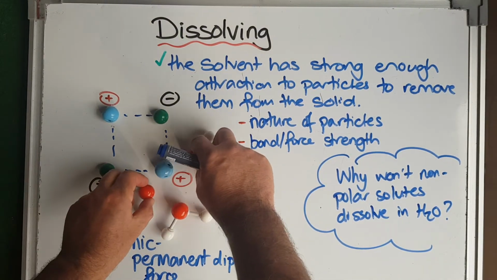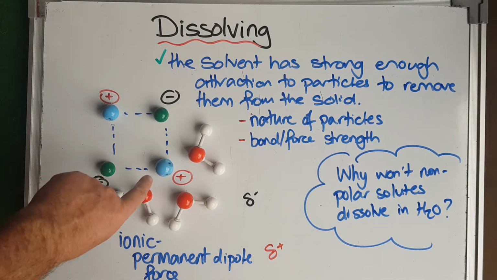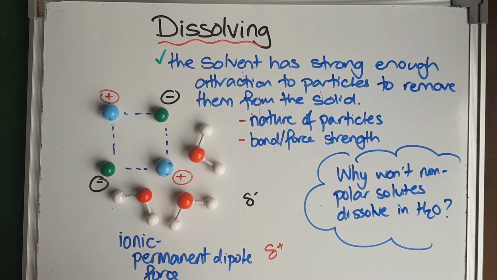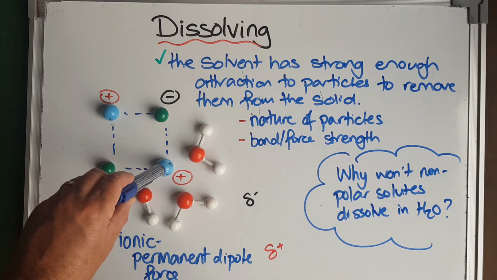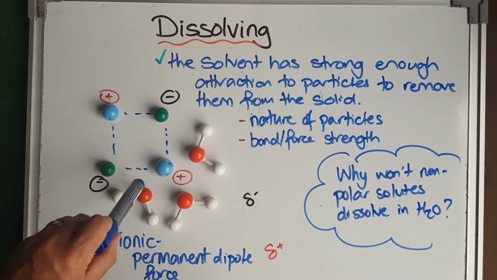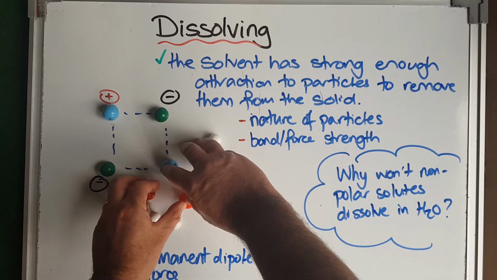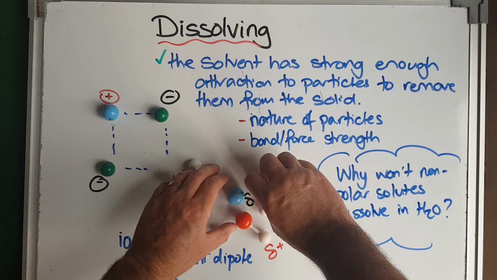Sodium it should be. Sorry, simple plus and minus mistake in my head. So they will make an ionic permanent dipole force. Ionic because this is a positive ion, and these have got delta minus, delta plus, so they've got the delta minus side surrounding it. Then what they do is they remove that ion that's dissolving.